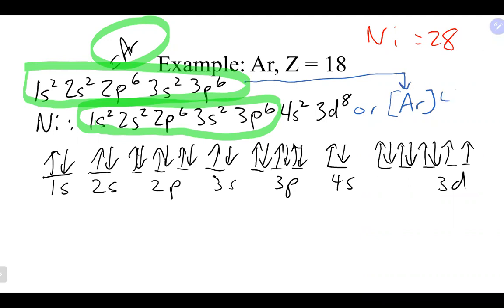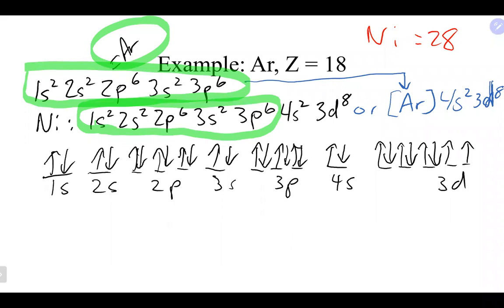And you would just continue on with the rest of the electron configuration there. And you would have argon, 4s2, 3d8 in this case. What goes in the bracket is always a noble gas. So it's always group 8.